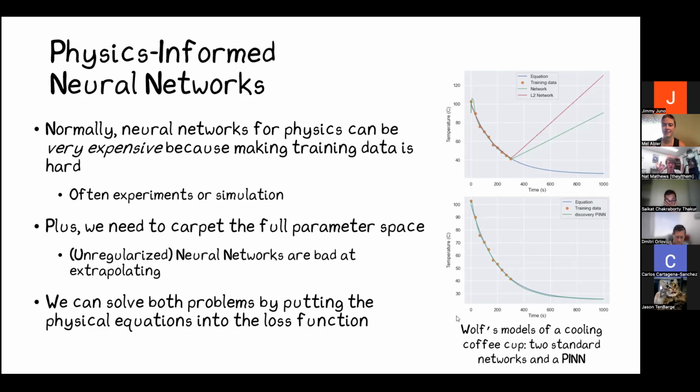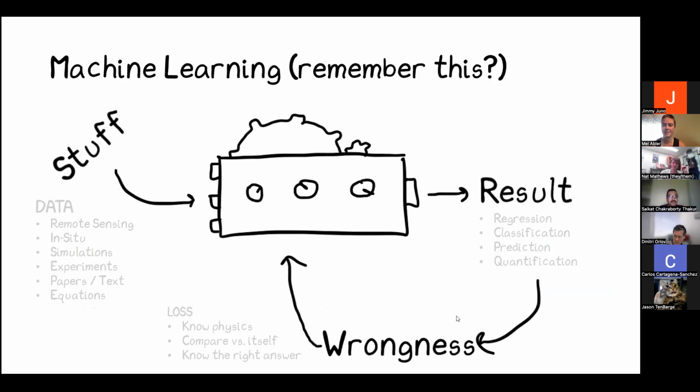So we can solve both of these problems by putting the physical equations into the loss function. So remember this guy, the machine learning model from before?